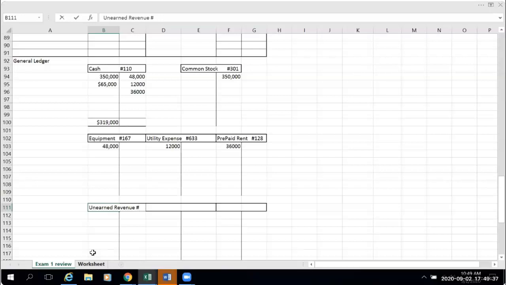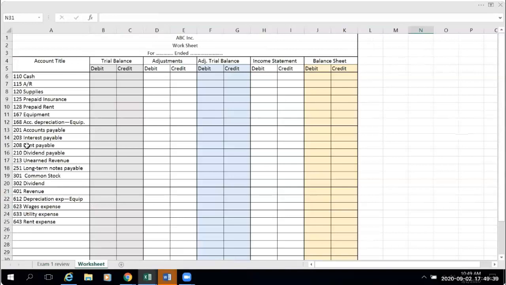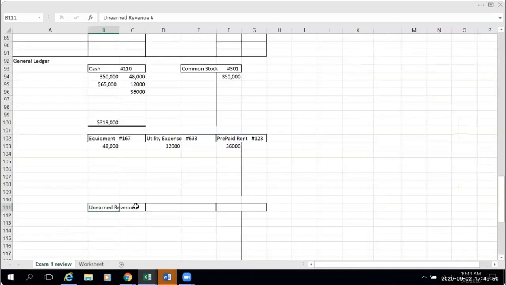So let's look at the worksheet I gave you, if I can get an idea. I'm going to just match with this. So unearned revenue here is 213, account number 213. So I'm going to use that. So unearned revenue, it's a liability, starts with 3, and let's use that 213 as a account number.